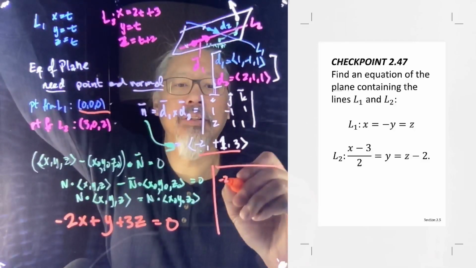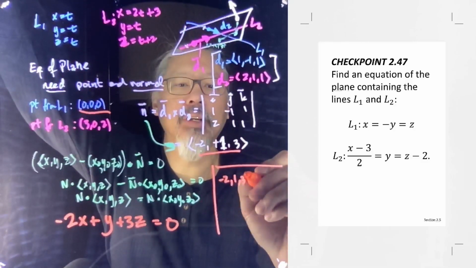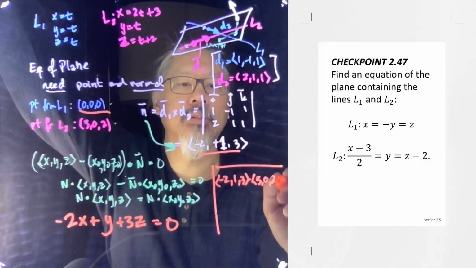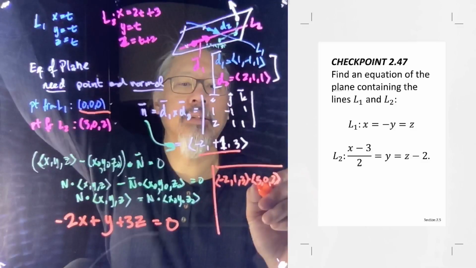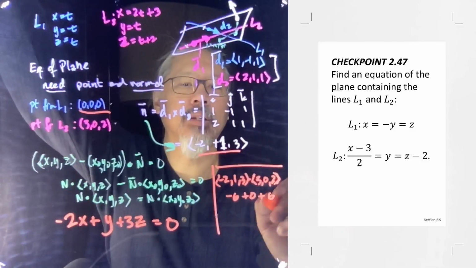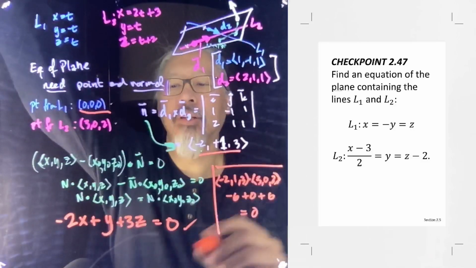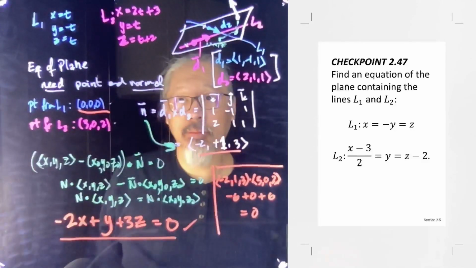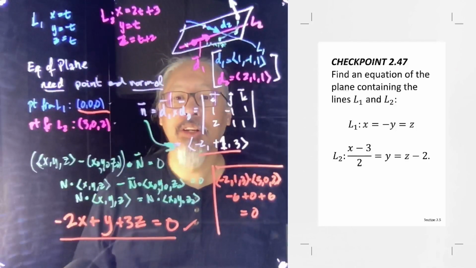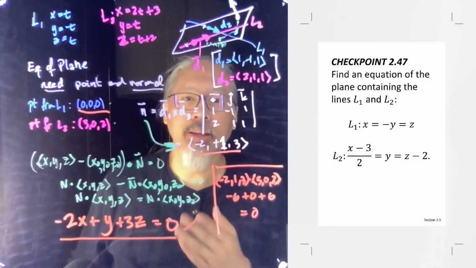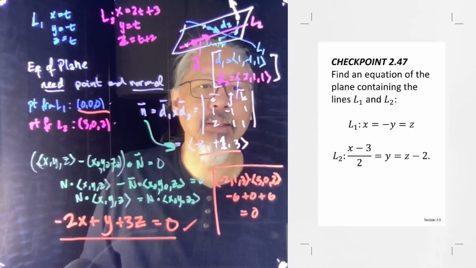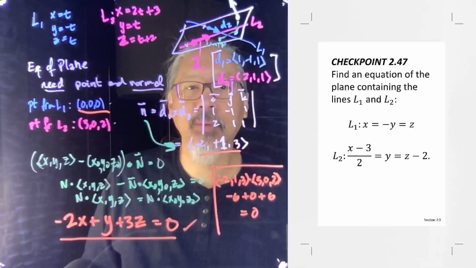That -2, 1, 3 dotted with 3, 0, 2. What's that? That's -6 plus 0 plus 6, which is also equal to 0. So either way, as long as that point is on the plane, you're going to get the same answer. Okay, so this is our equation of our plane that contains those 2 lines. Okay, I hope that helps.